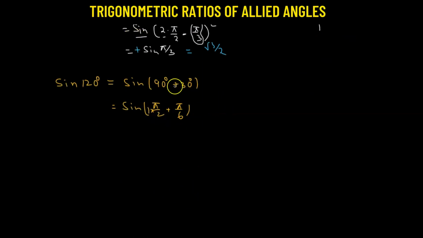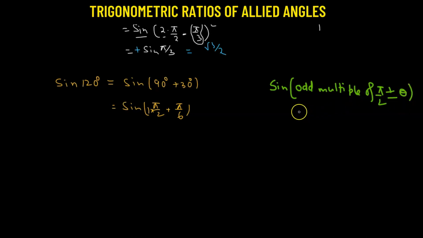Now this comes to the next idea. So whenever we have sine and an odd multiple of pi over 2 plus or minus theta, we have to be very careful. An odd multiple of pi over 2 could be 1 times pi over 2, 3 times pi over 2, 7 pi over 2, or anything.